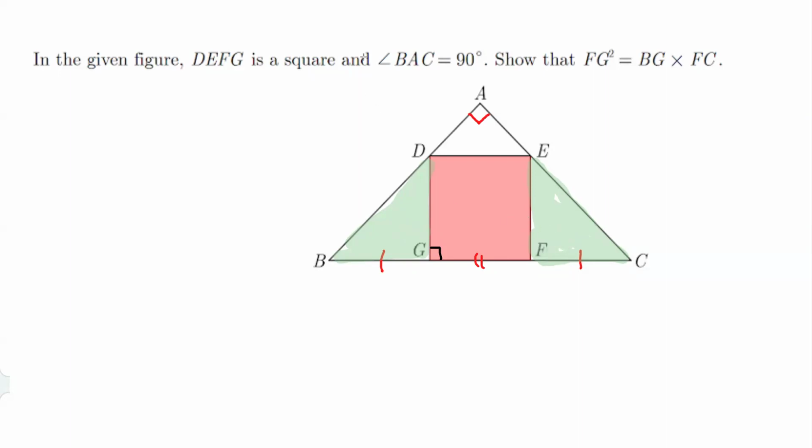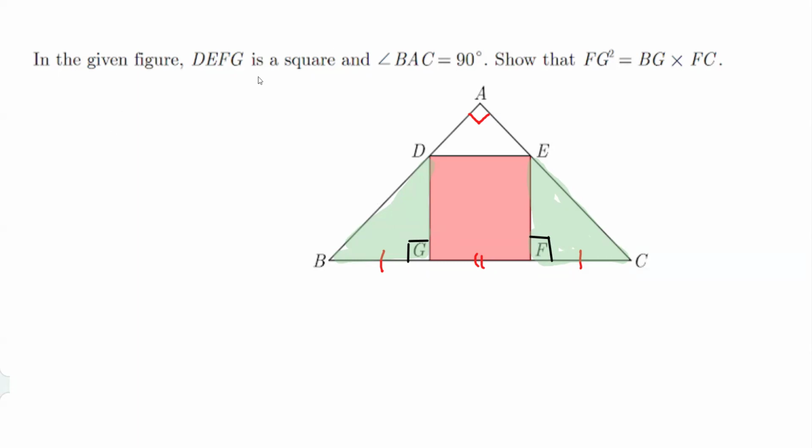Let's mention the angles we are talking about, the 90 degrees, with a symbol: this is 90 here and this is 90 here. Now we are going to prove the triangles similar.